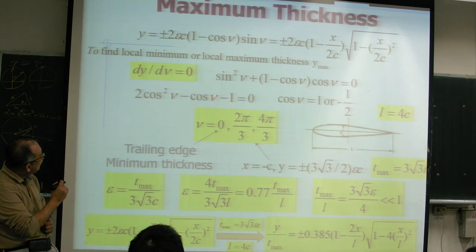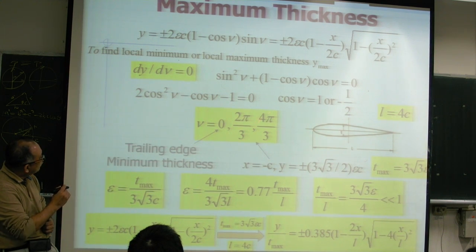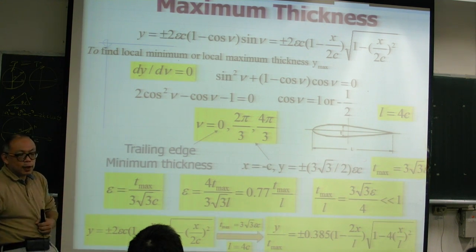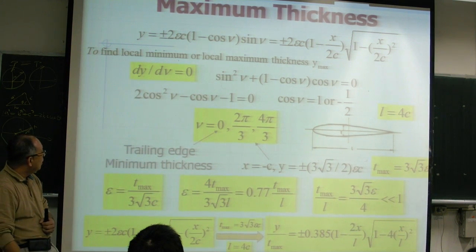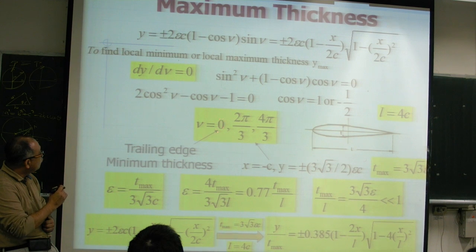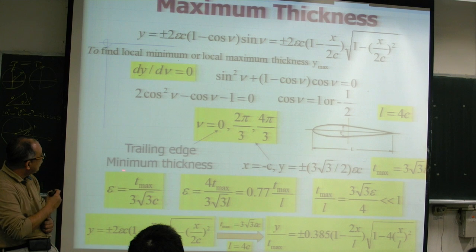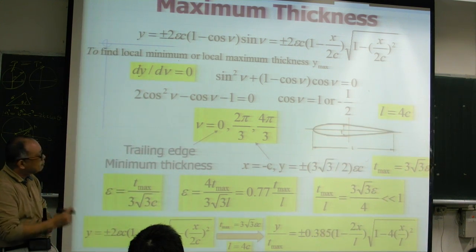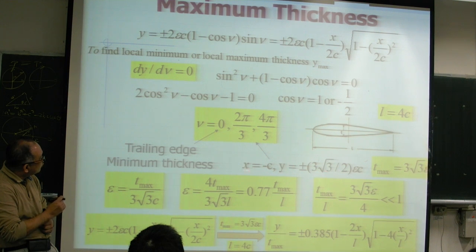The mu values are 0, 2 pi over 3 and 4 pi over 3, these 3 points give you dy/d mu equal to 0. When mu equals 0, that gives you the trailing edge, because that will be a local minima thickness. For here and here, we can find this is our local maxima location.